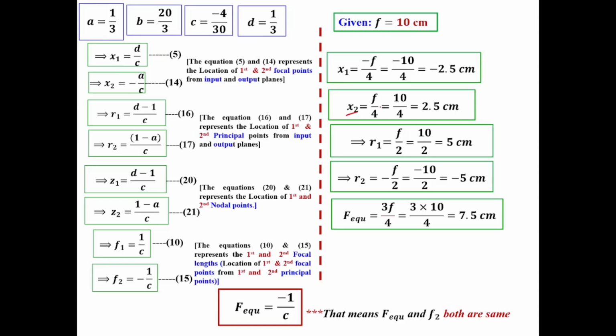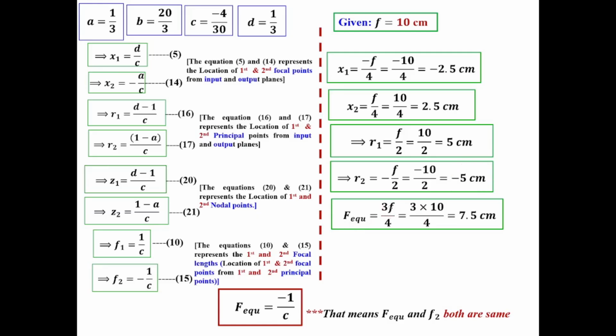The x2 value for the Ramsden eyepiece, we found f by 4, and by substituting f equal to 10, it is 2.5. r1 is nothing but f by 2, f is 10, so we get 5. r2 is minus f by 2, so the value is minus 5. f equivalent is 3f by 4.